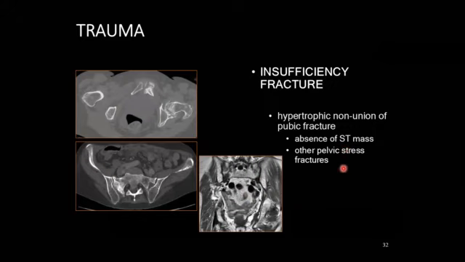And when you see it, you look for other pelvic stress fractures because the whole bone is weak, abnormal and easily fractured. So you can see here the pubic bone is abnormal with hypertrophic response and non-union. Again, you can see the same abnormality at the right sacral ala here on the MRI, and on the bone scintigraphy there will be what's called the Honda sign.